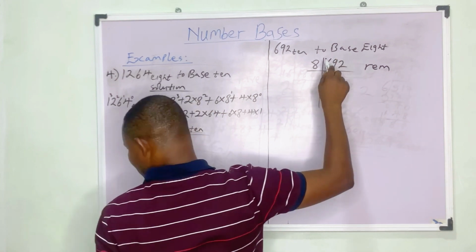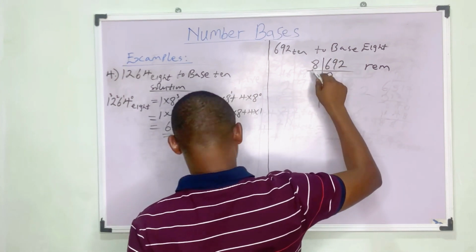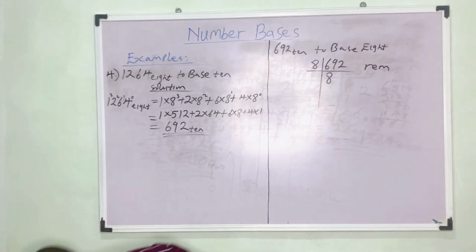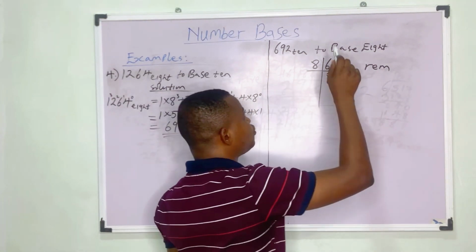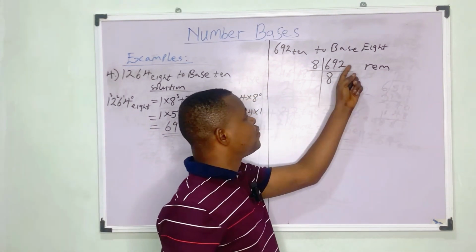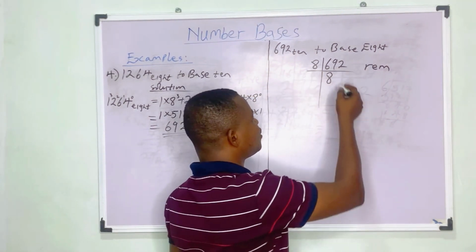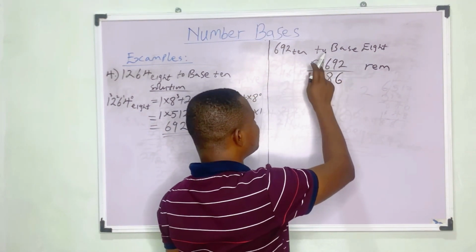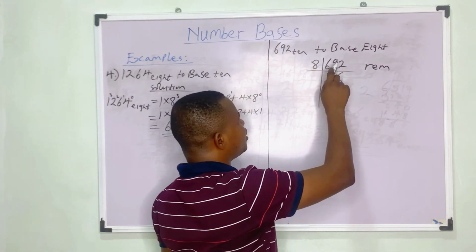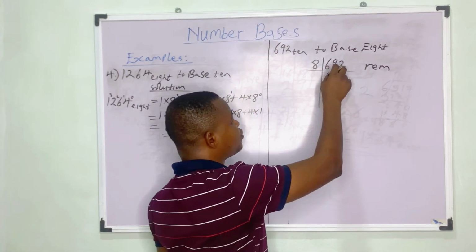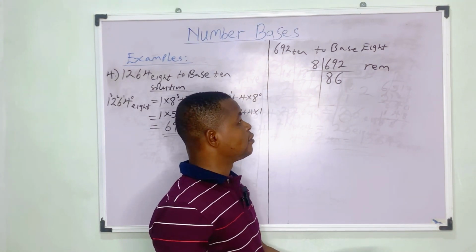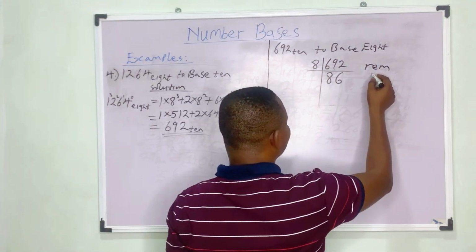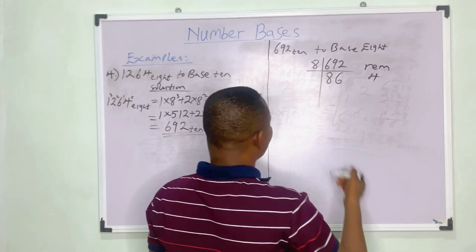Put that 5 at the front of 2. That will be 52. Then 52 divided by 8 will give us 6. 6 times 8 will give us 48. And subtract 48 from 52. Then we have 4. So that means we have remainder 4. Alright?